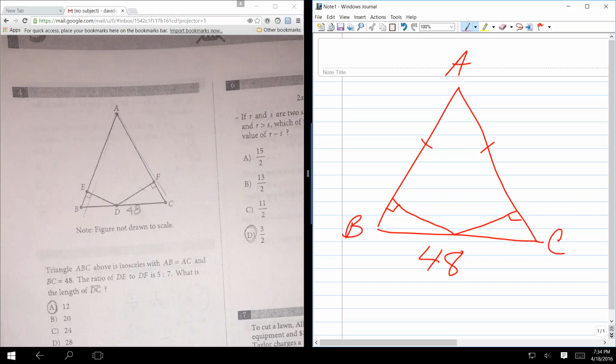And let's see, the ratio of DE to DF is 5 to 7. DE to DF is 5 to 7. What is the length of DC?